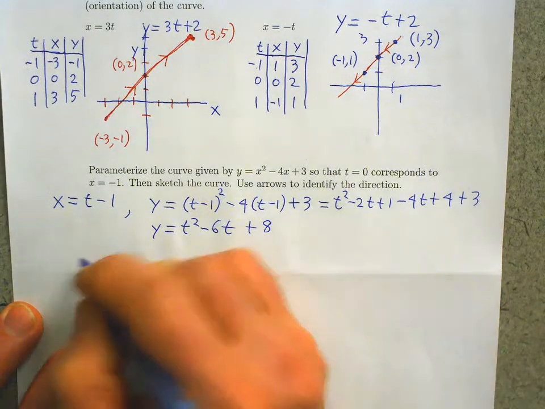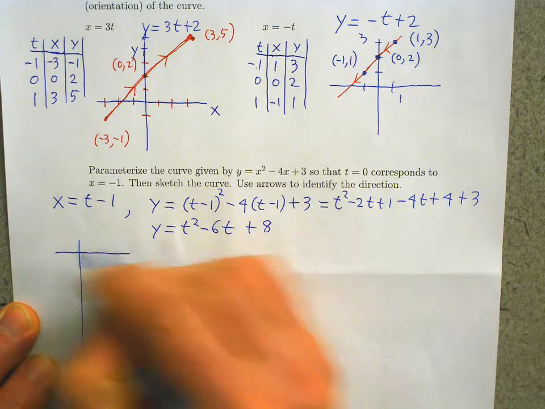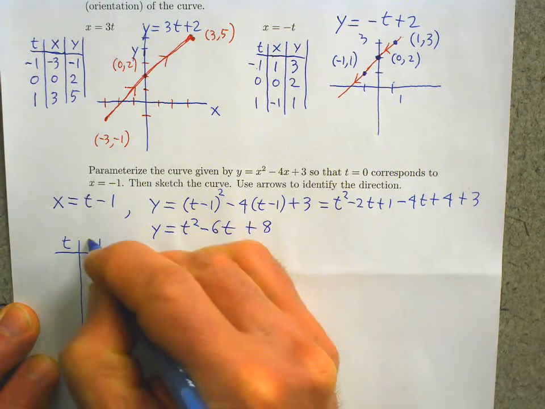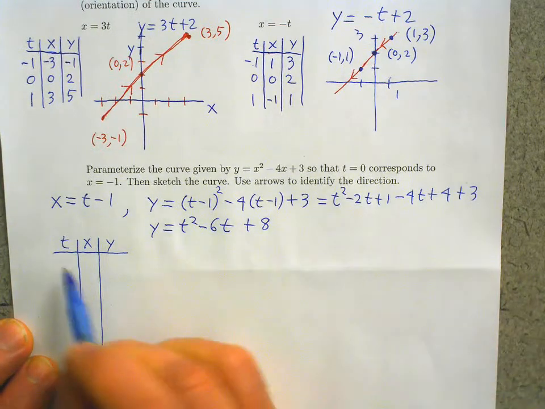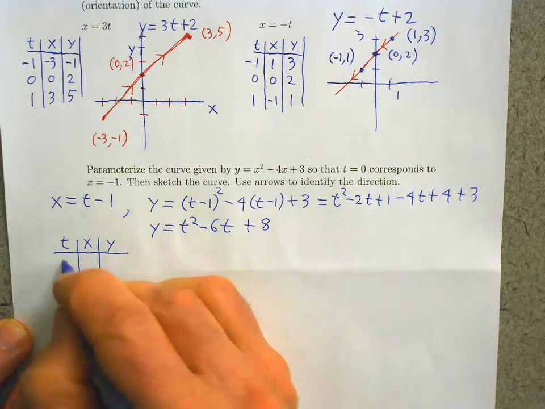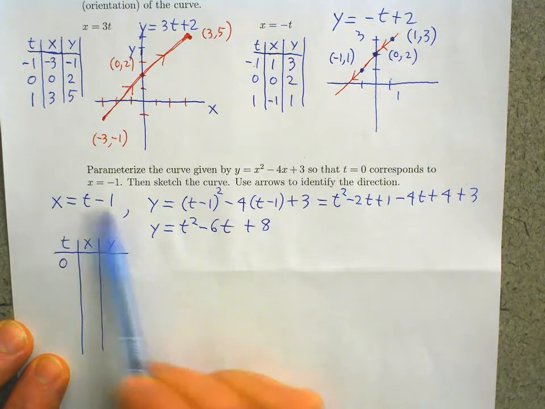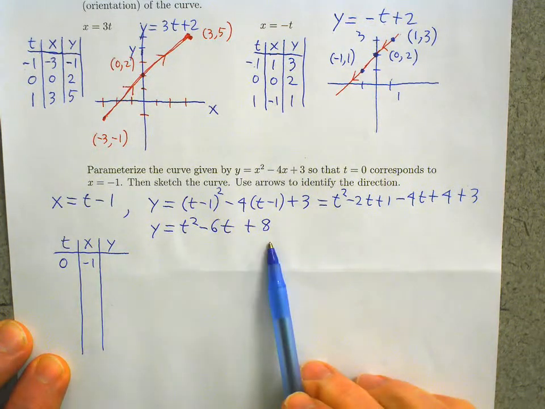Okay, so we'll create a table of t, x, and y values. This time we'll start with t equals 0. When t is 0, x is -1, and y is +8.